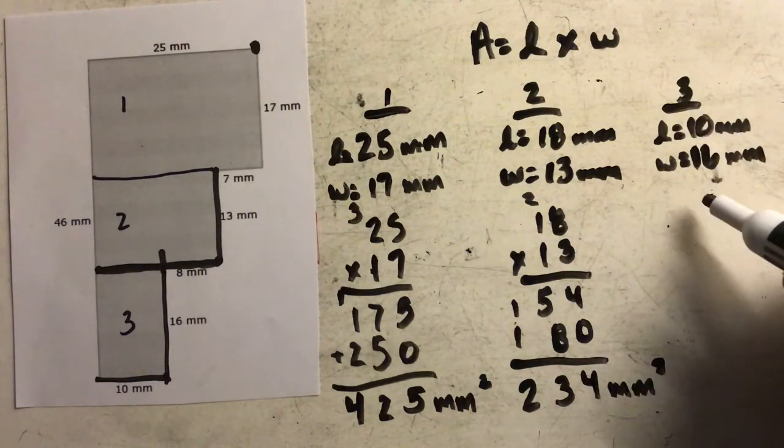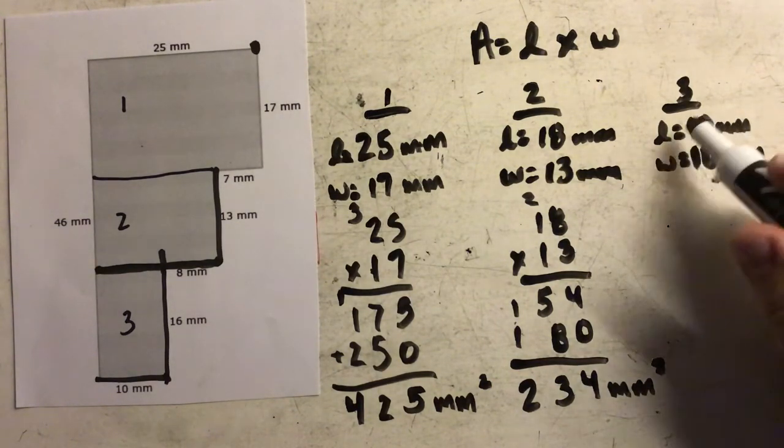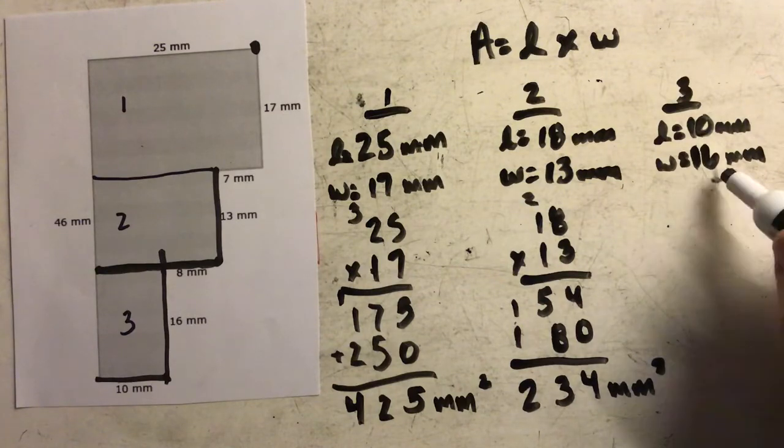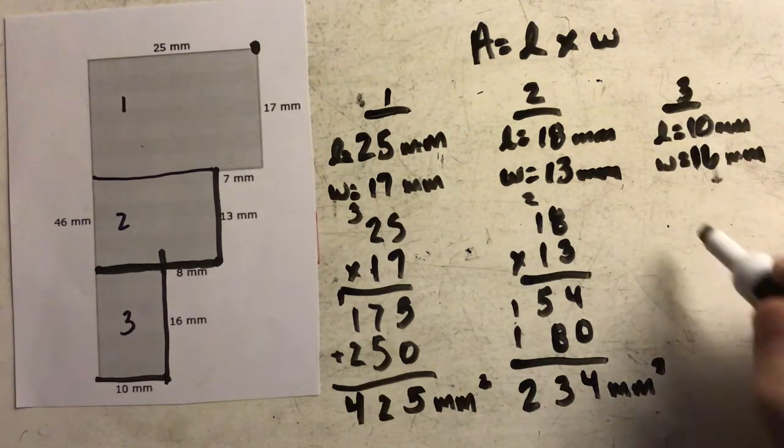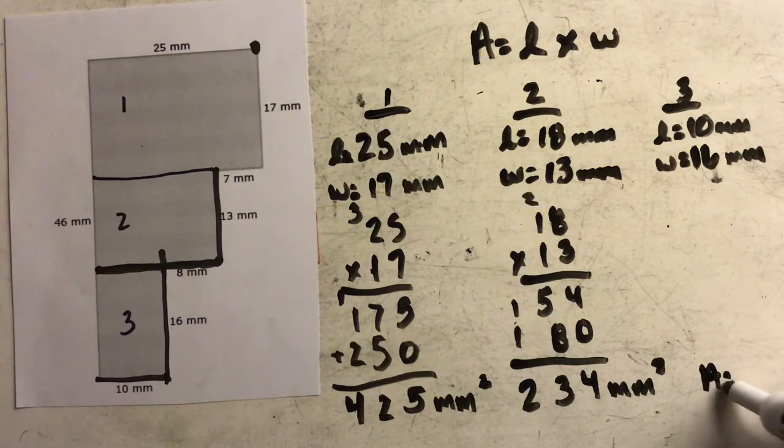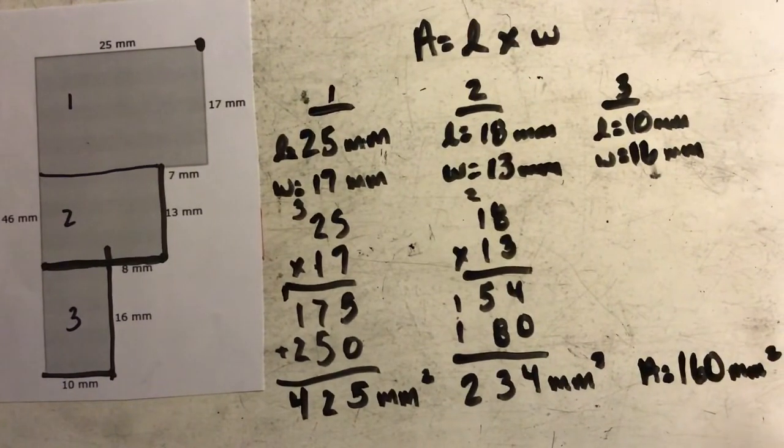And finally right here, 10 times 16, well, I know that 10 times anything is really just that number with a 0 after it. So I know that my area for the last problem would be 160 millimeters squared.